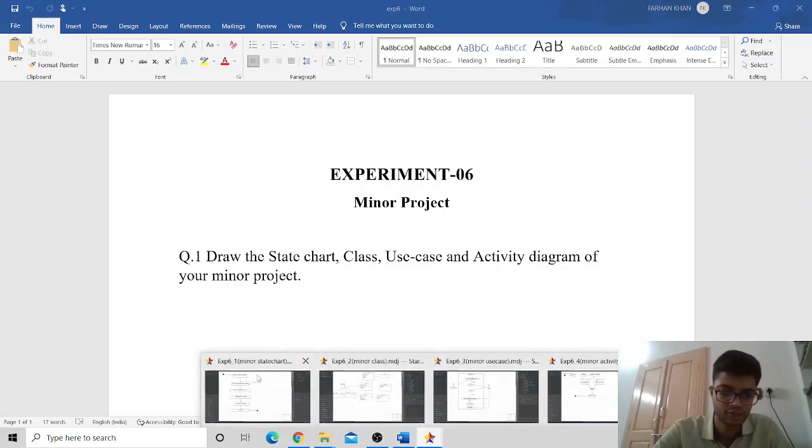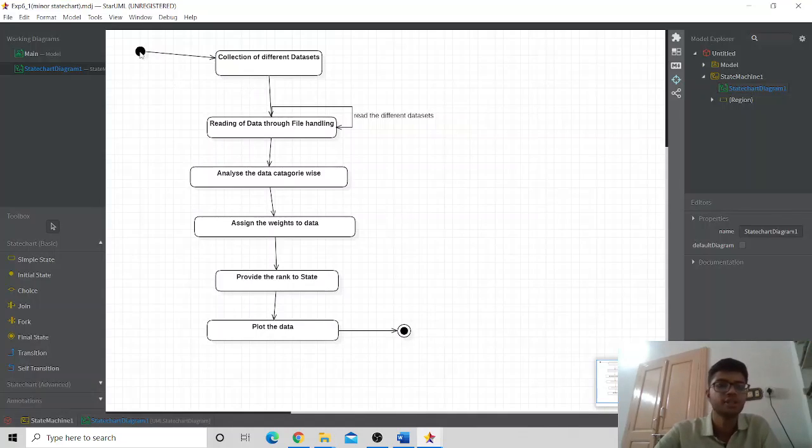There is an initial state from which we start the state chart diagram, and the first state is about the collection of the different data sets like the corruption data set, the literacy rate in that particular state, health, what is the health of the people who live in that particular state, and what is the crime rate. Okay, all of these data sets are collected.